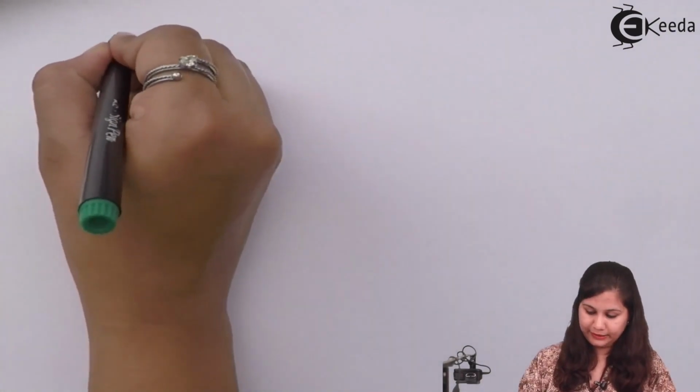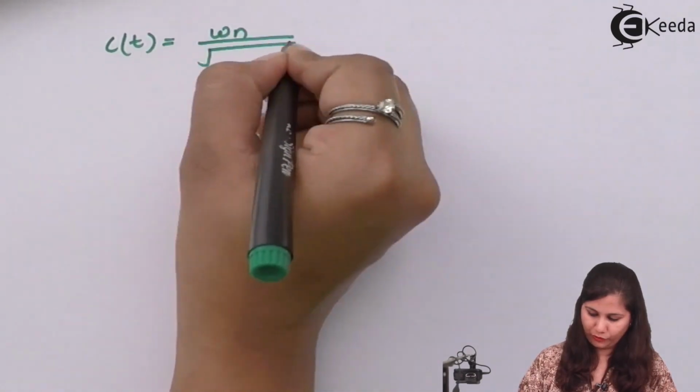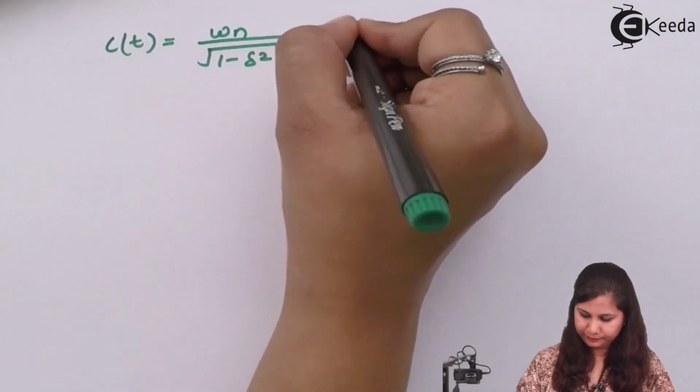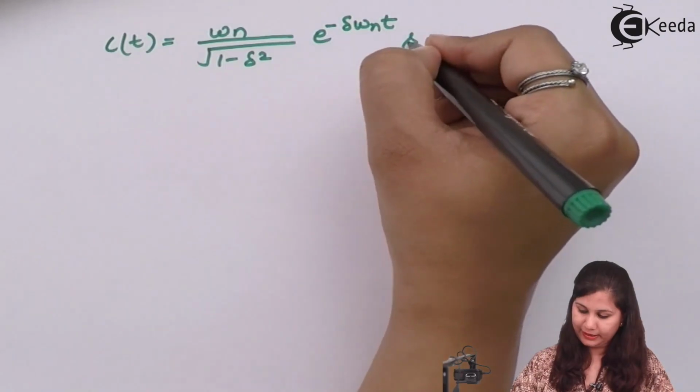So we are going to get c(t) equals omega n upon under root of 1 minus delta square, e raised to the power minus delta omega n t, and then sine omega t.